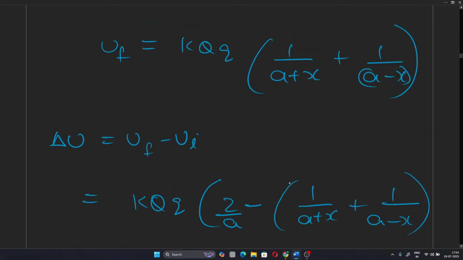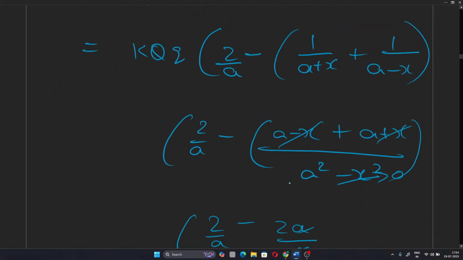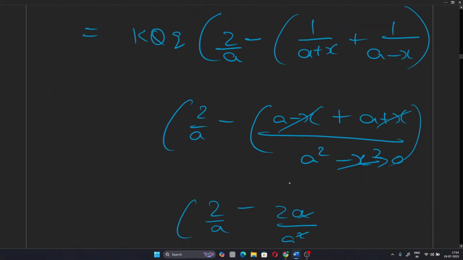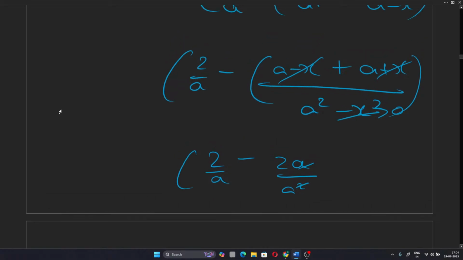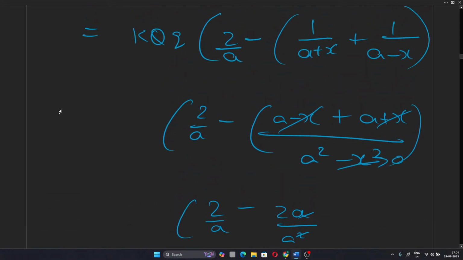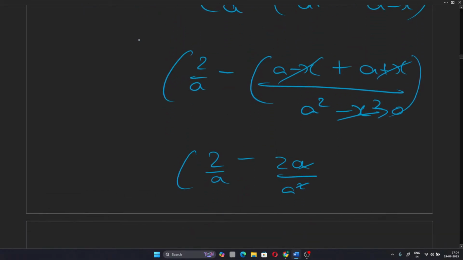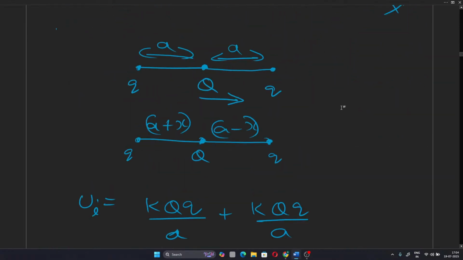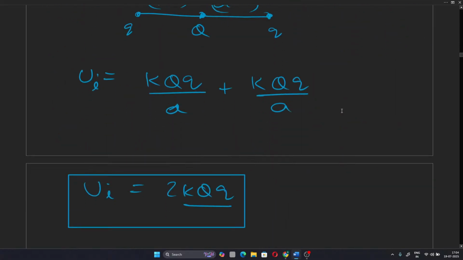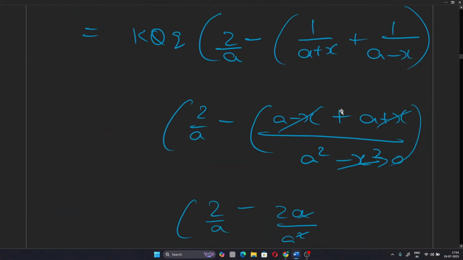Wait. When the displacement is too small, I guess we cannot do that. Let's not take negligible here, otherwise it will get directly 0, and we don't have an option of 0. So let's not neglect it here.